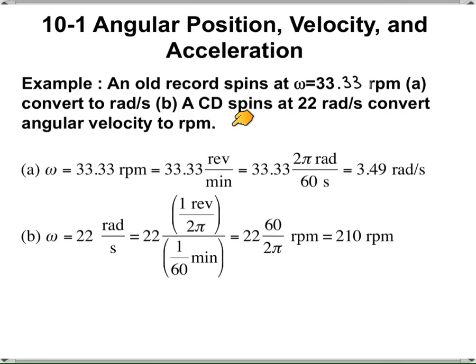In the second case, we have a CD spinning at 22 radian per second. One radian is 1 revolution per 2 pi, and 1 second is 1 divided by 60 minutes. So you multiply this by 22, and 60 divided by 2 pi makes 210 revolution per minute.